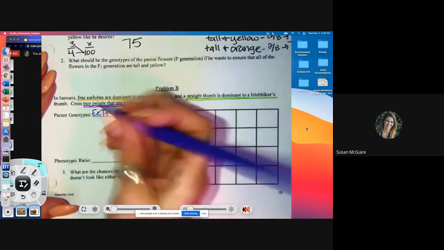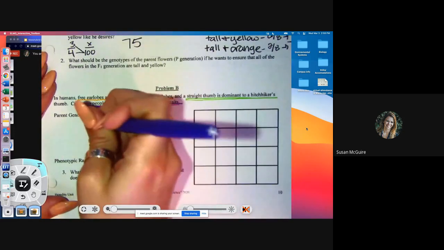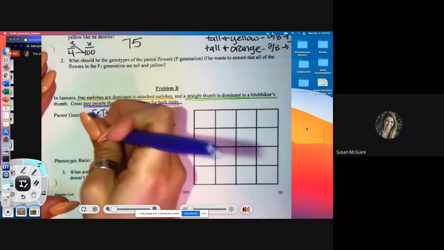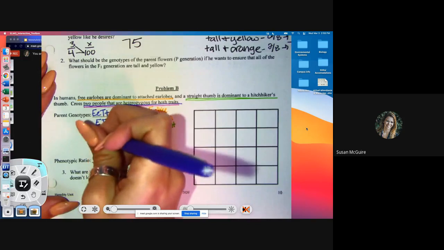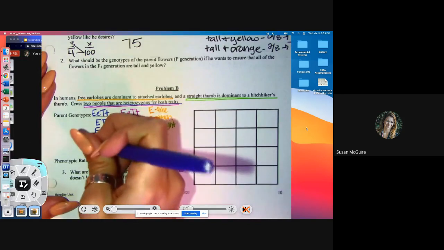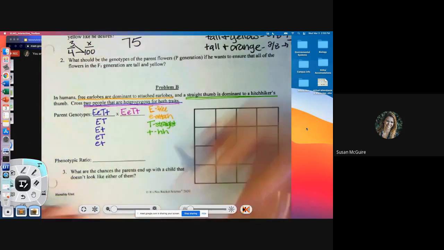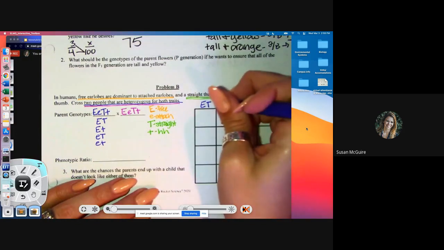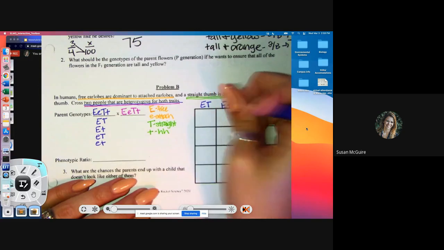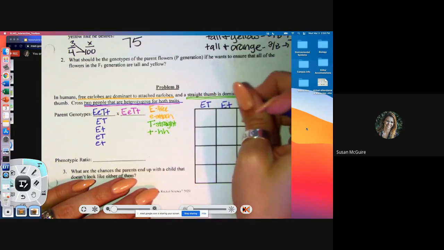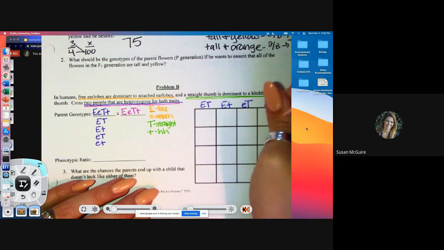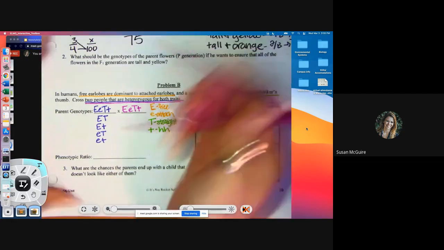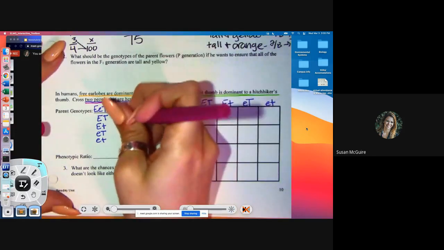So it'll be uppercase E and lowercase e. And then we have the same combinations here.